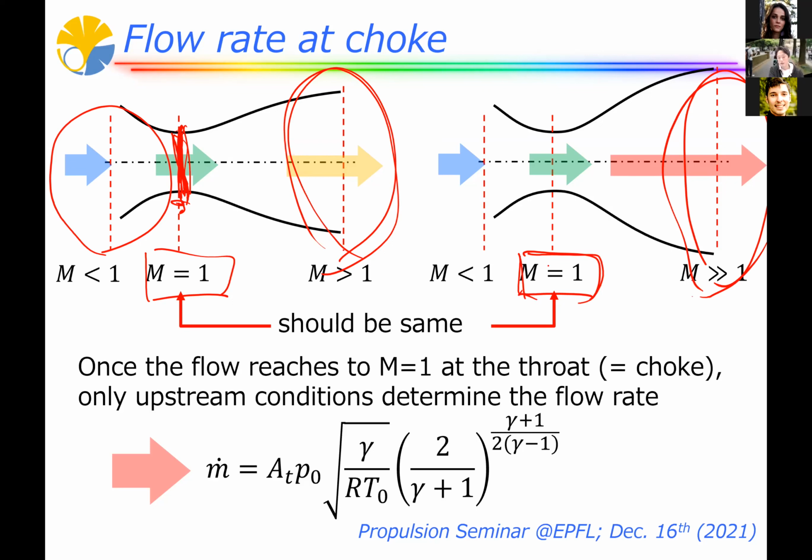So the upstream part will not change. So this means if you get supersonic flow, mass flow rate and upstream flow condition is determined only by upstream conditions. So if you change downstream condition much, it does not affect the upstream condition. So this means mass flow rate is determined only by upstream conditions by this equation.